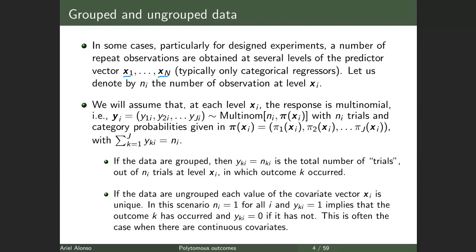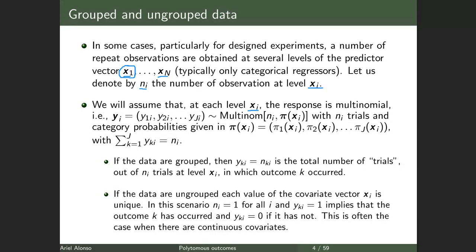And we are going to assume that at each value of the vector of covariates, we have repeated measurements. So we have ni subjects that have covariates equal to xi: n1 subjects with covariates equal to x1, n2 subjects with x2, and so forth. Now we assume that at each level xi, the response variable y follows a multinomial distribution.